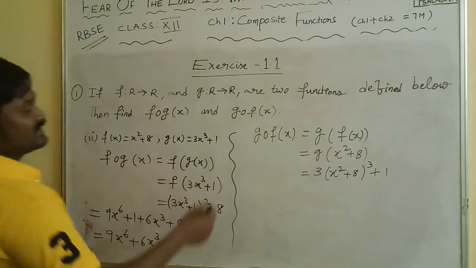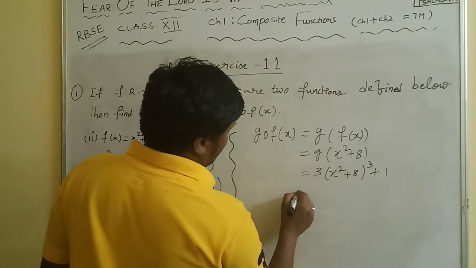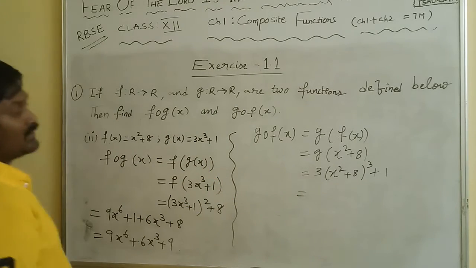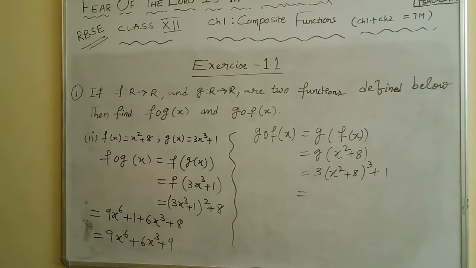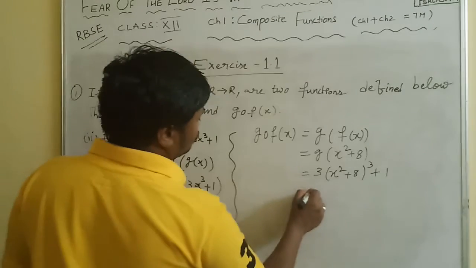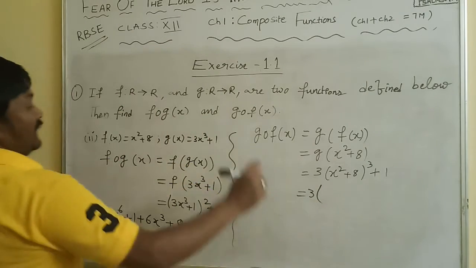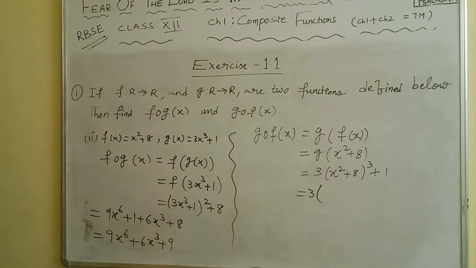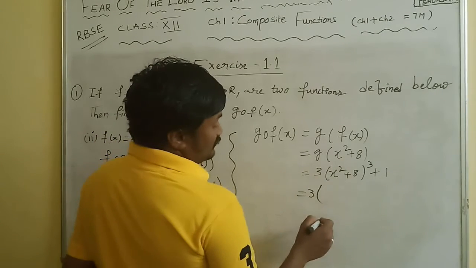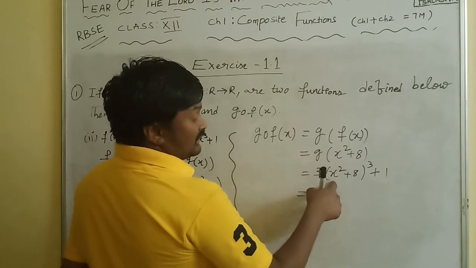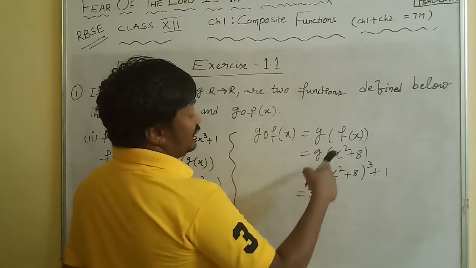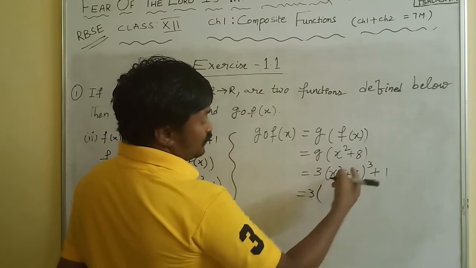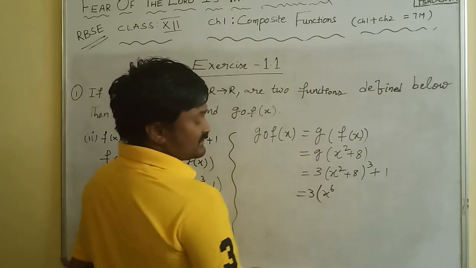So how can we simplify this? First we can write this as equal to 3 times... So (a plus b) whole cube, what is your formula? a cube plus b cube plus 3a square b plus 3ab square. So first, a cube means (x square) whole cube, you get x power 6.